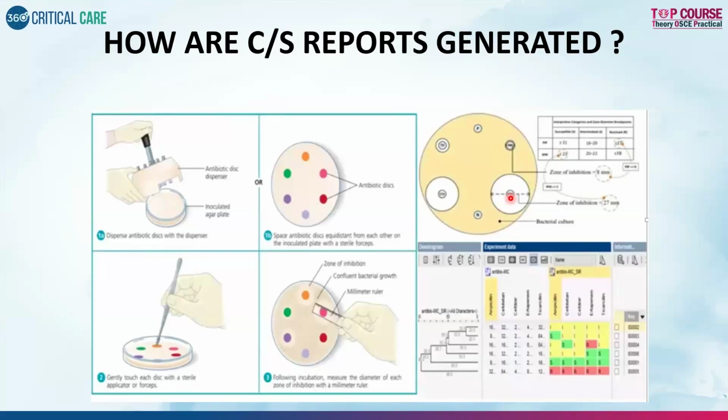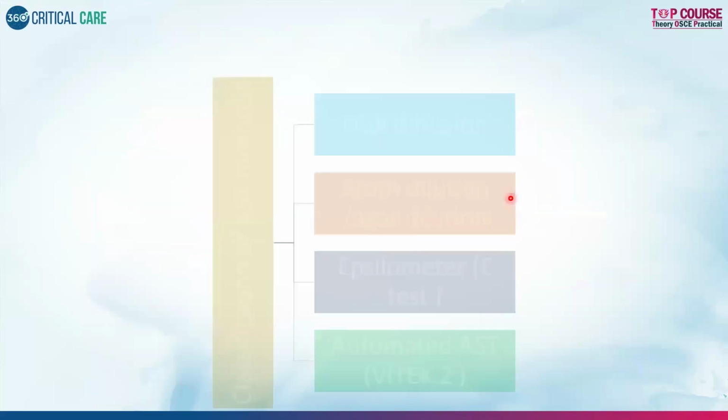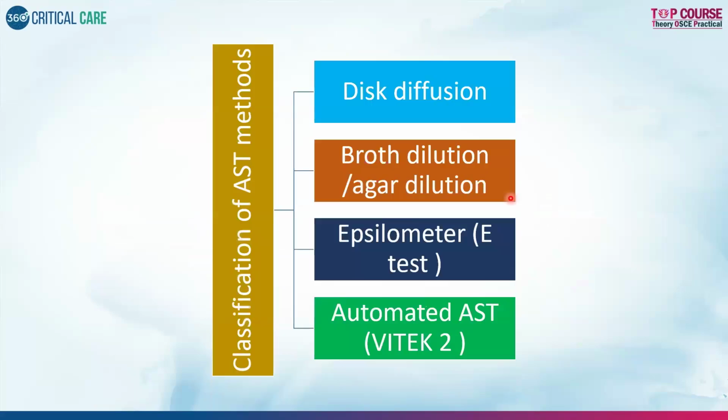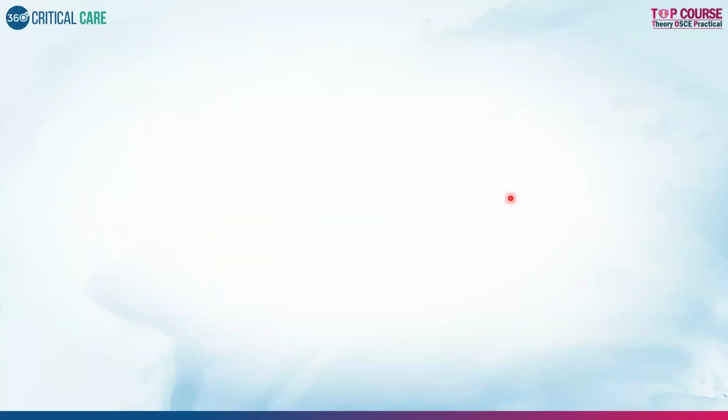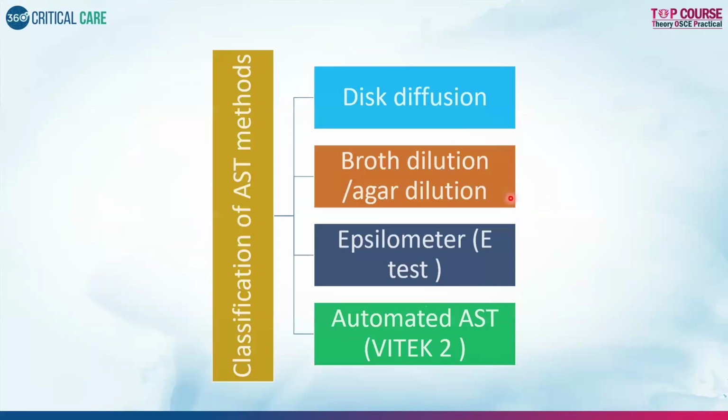The other one is your microbroth technique. So there are basically these currently available techniques for antimicrobial susceptibility testing. That is your disk diffusion, as I showed you here. The other one is your broth or agar dilution.